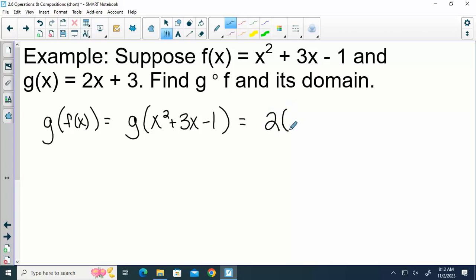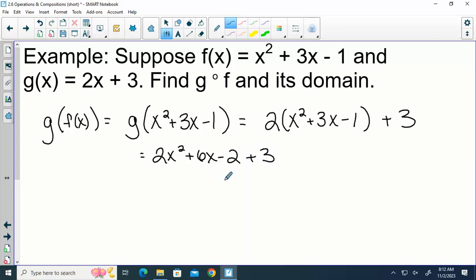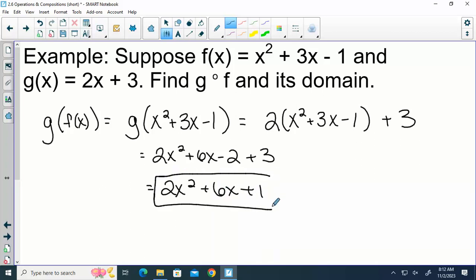So g is 2 times the thing we're putting in plus 3. We distribute. 2x squared plus 6x plus 1.